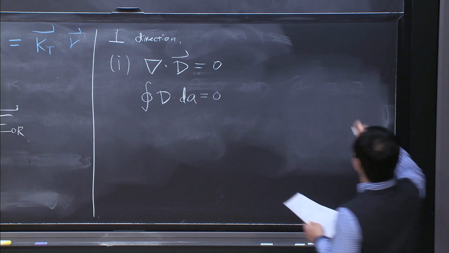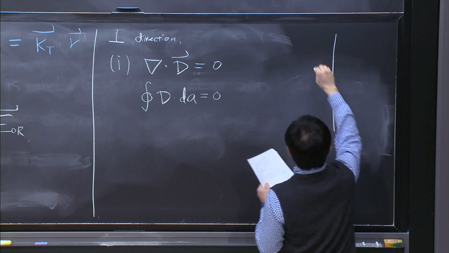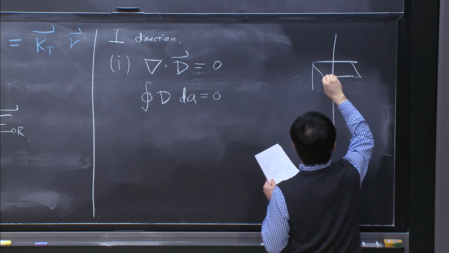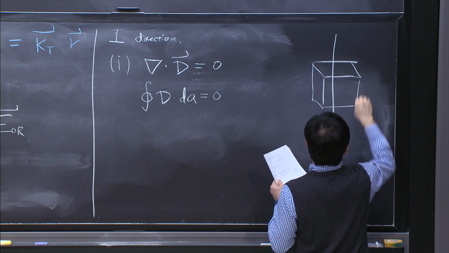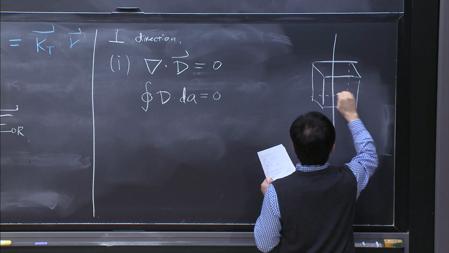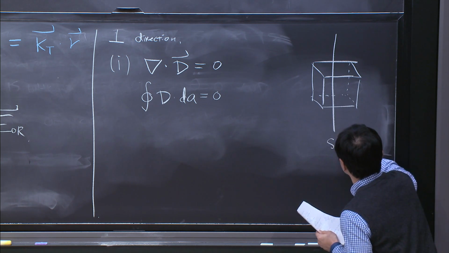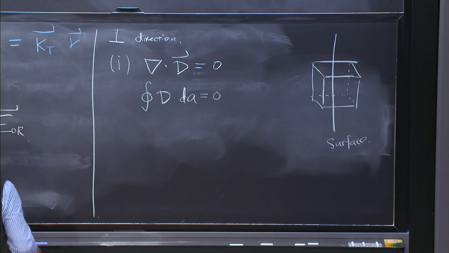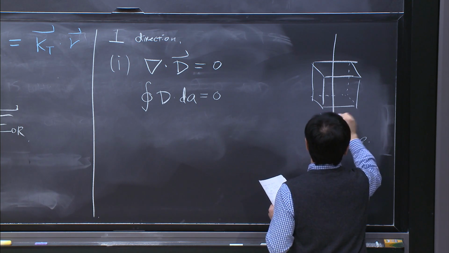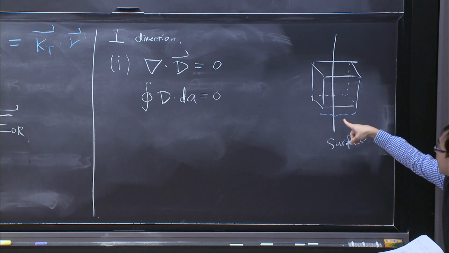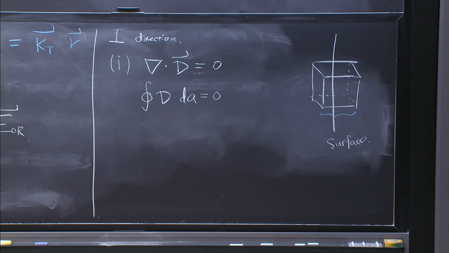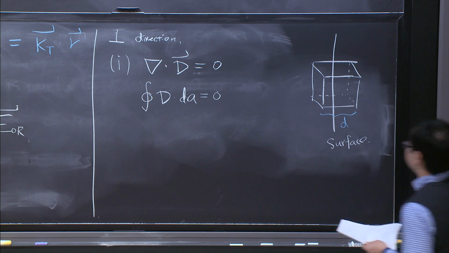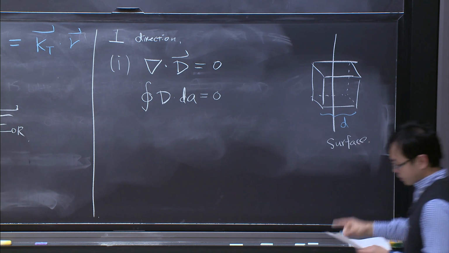So I can have a pillbox again, arranged like this, and this is the surface. The size of one side perpendicular to the surface is called d here.